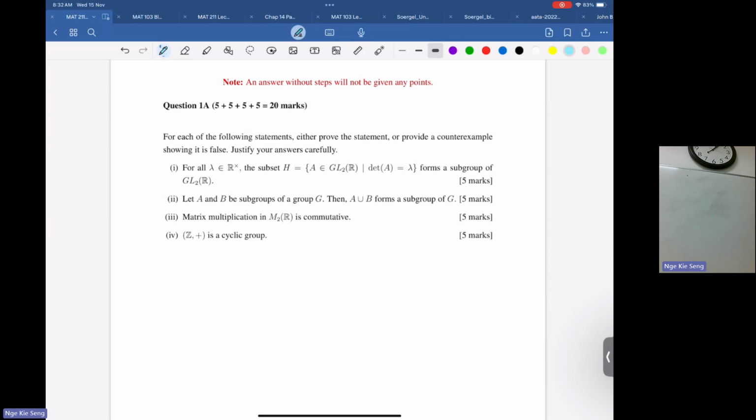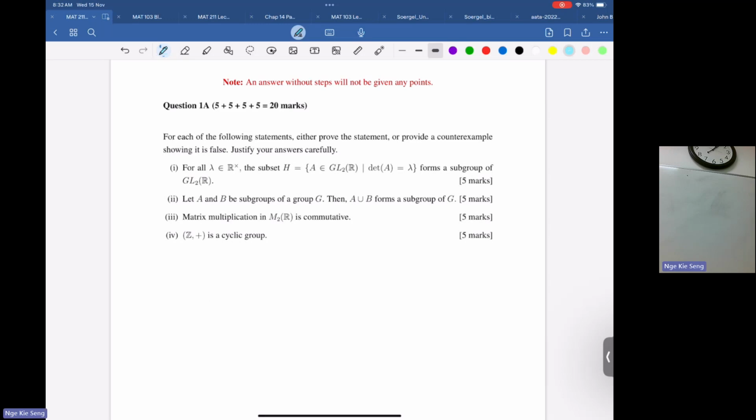Because the determinant of AB equals determinant A times determinant B, so 2 times 2 goes to 4. It's no longer 2. I think less than 5 of you saw this because your reading of the statement is not good. For all lambda is upfront, so you need to pick lambda first. It means you are still not good at reading the statement.